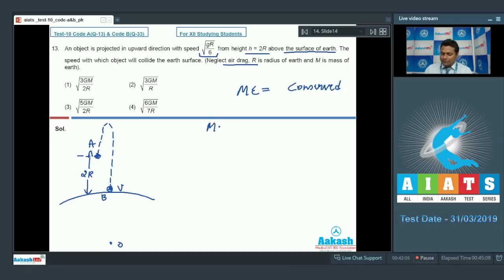Means the total mechanical energy at A must be equal to the total mechanical energy at B. Mechanical energy at A will be what?